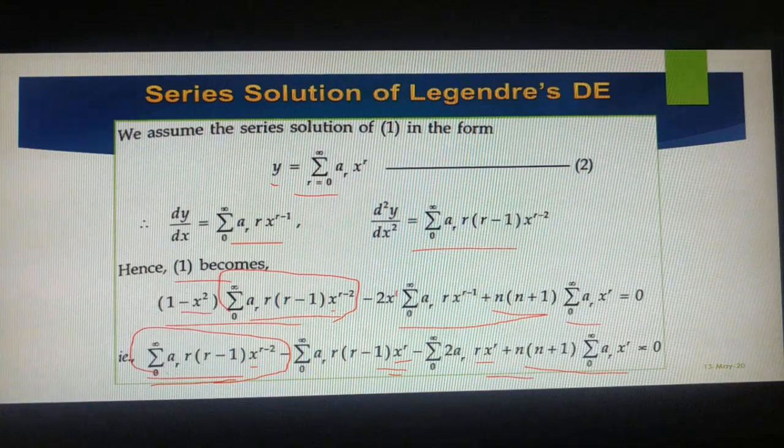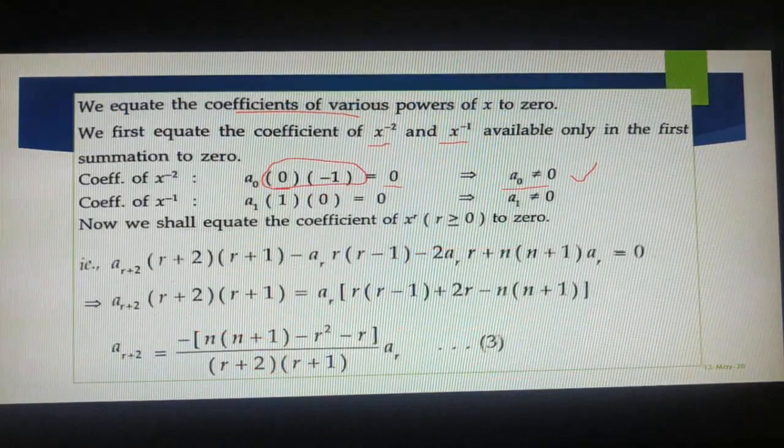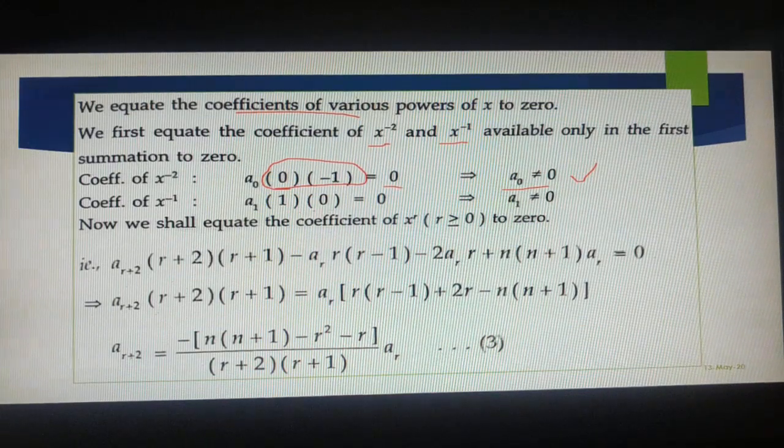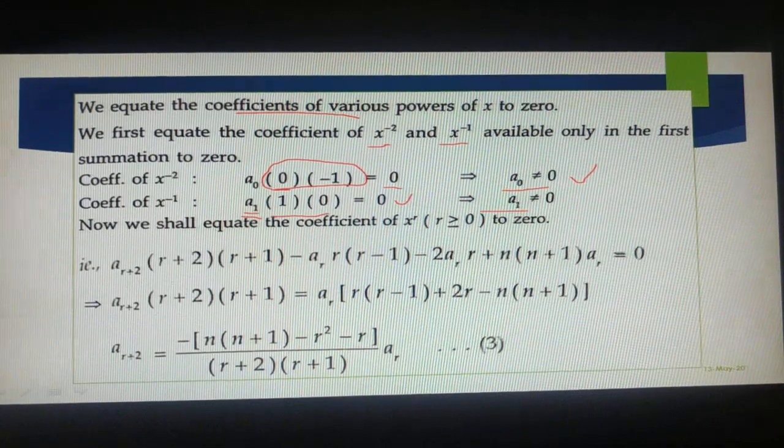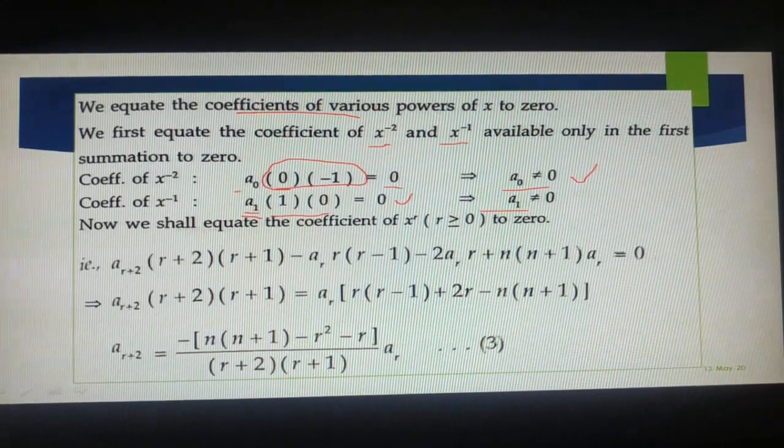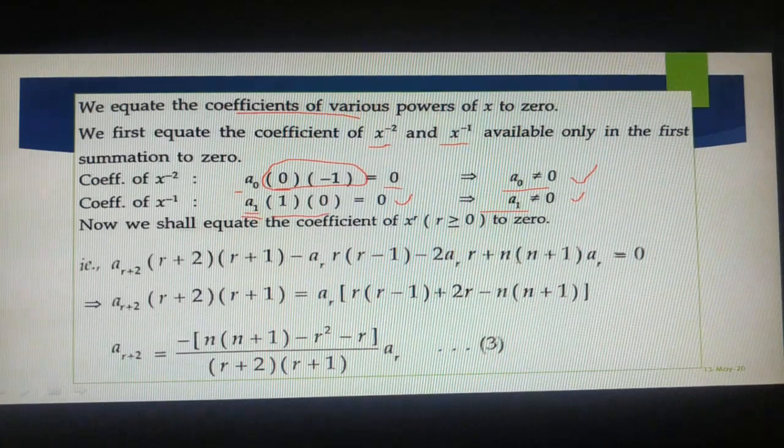In this term a1 into 1 into 1 minus 1, means 0. Since this is already 0, a0 and a1 should not be equal to 0.